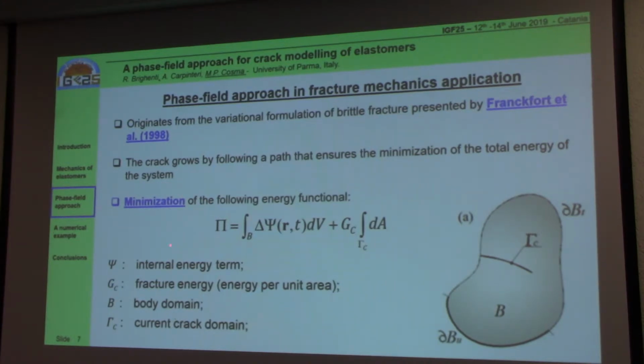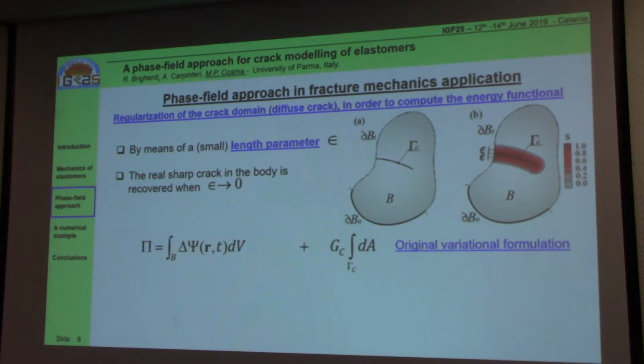We have the sum of two terms, the internal energy term, or the elastic energy term, and the fracture energy of the material. To solve the problem, we have to minimize this functional, but as you can see, this problem is a little bit difficult because the second integral is an integral over the current crack domain, which is unknown, so it's difficult to treat numerically.